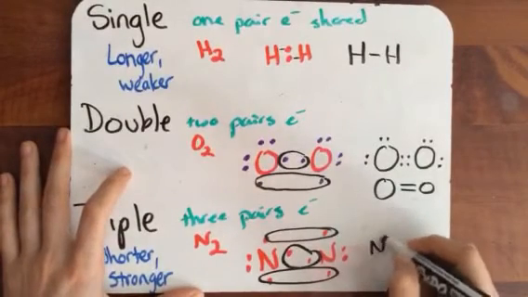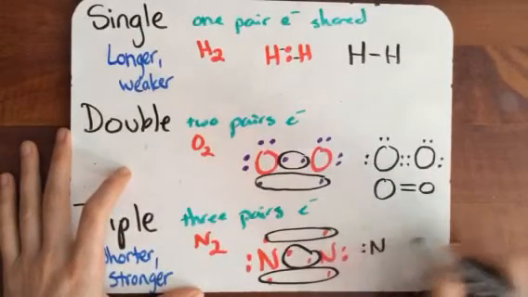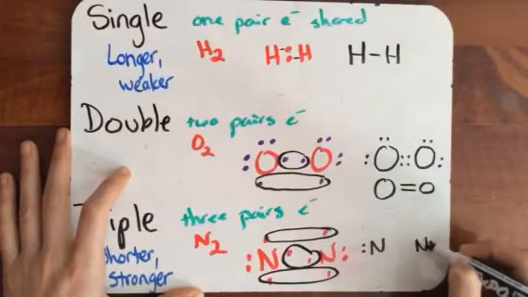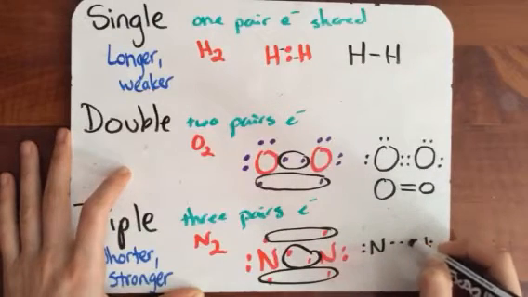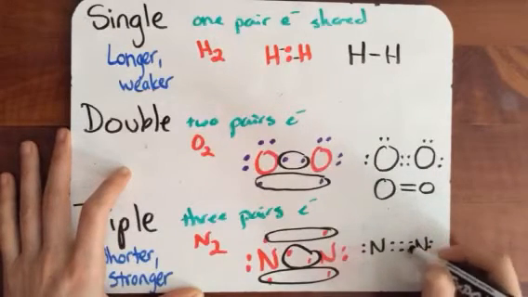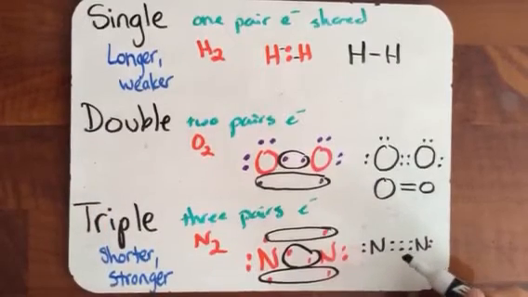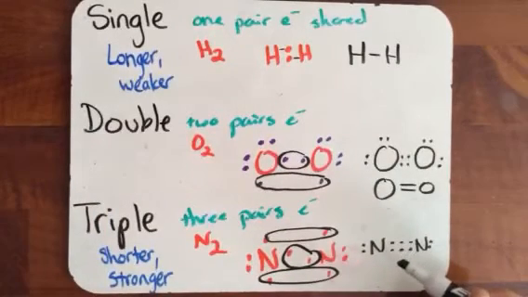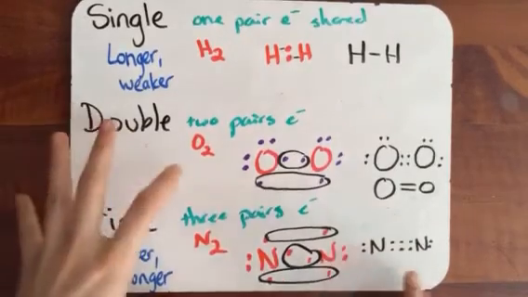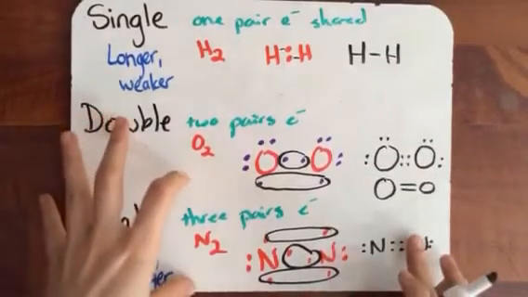And here, if you were going to do the Lewis dot structure for the nitrogens, then you would show that there are 3 bonds holding those nitrogens together. And actually, I drew that wrong.